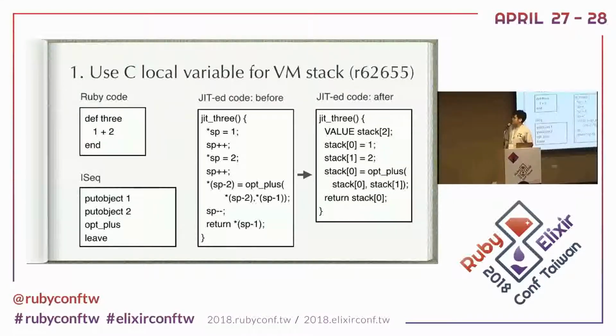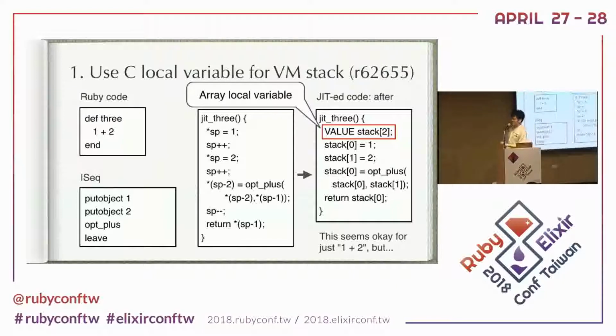After it's JIT compiled, we can optimize it to just a C local variable. If it's a C local variable, it can't be referenced by other C functions, and even the C compiler can inline each value into the opt plus instruction. So it's good for optimization.